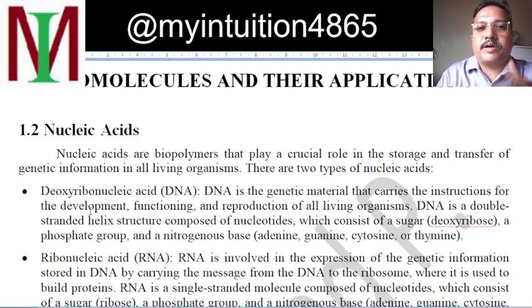Therefore, the information is already there, and they just need to brush it up and collect more information. So all the character, behavior, nature, talents, everything is transferred to the next generation. There are two types of nucleic acid.